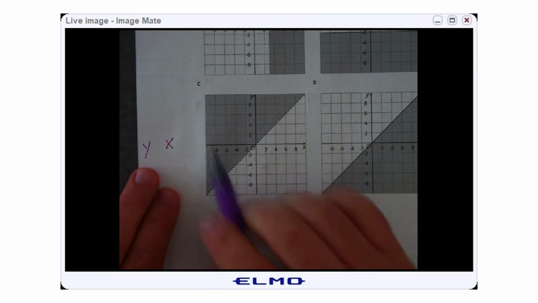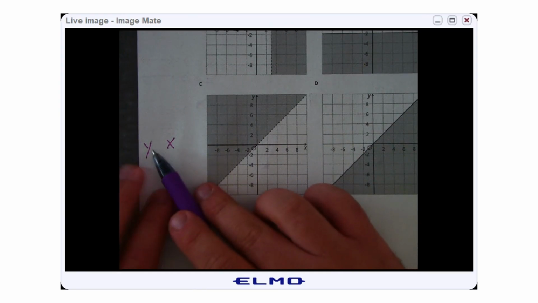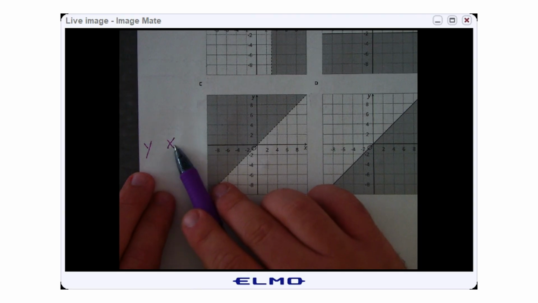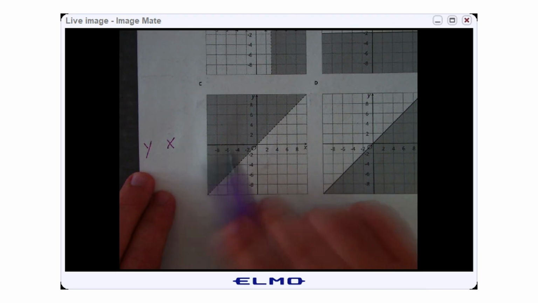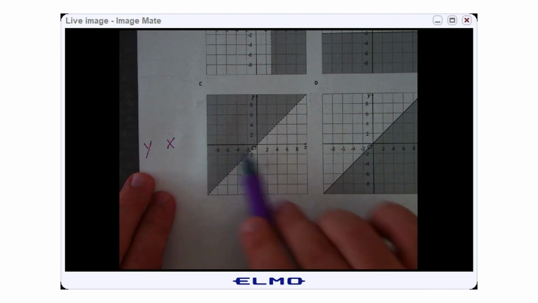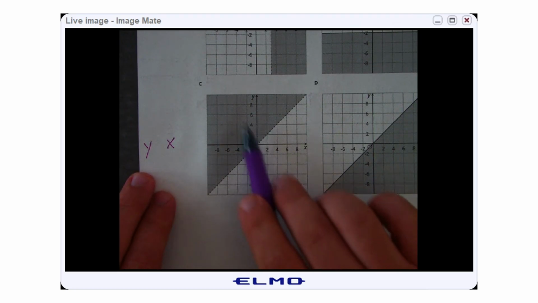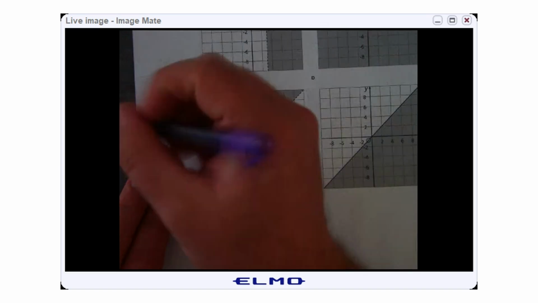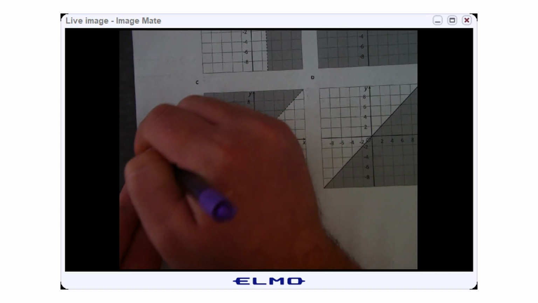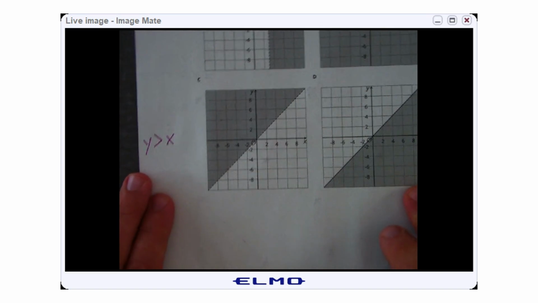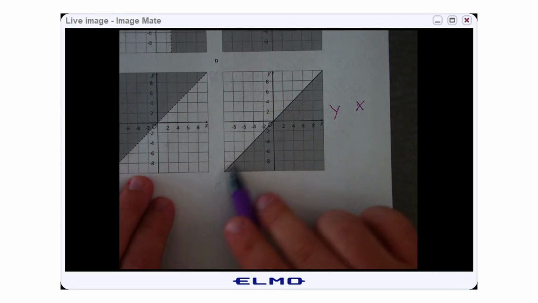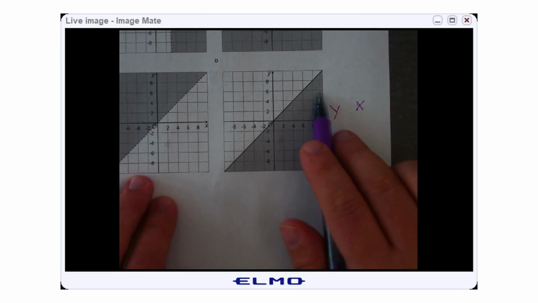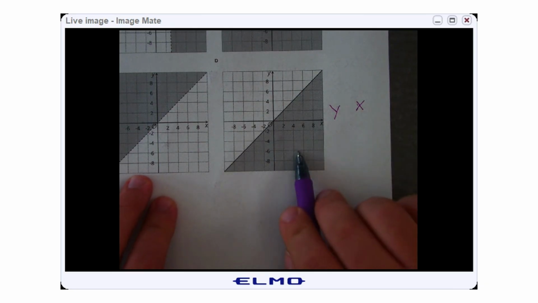Okay? This is the line y is equal to x. It is a dotted line, so I would not put a line underneath my inequality sign. And it looks like all the values that are above this line, so I would say y is greater than x. And then in my last one, again, this line is y equals x, and it is all the values underneath this line.